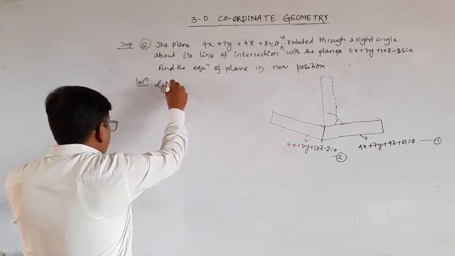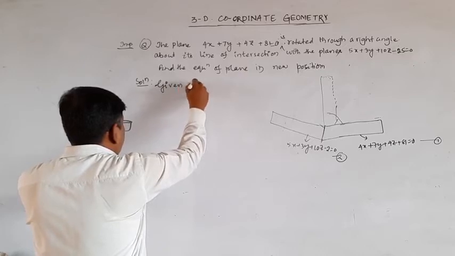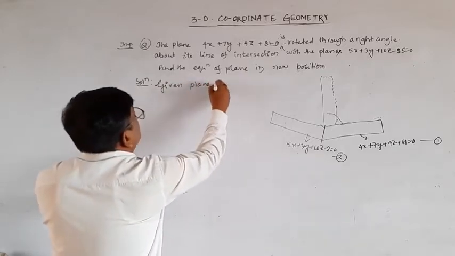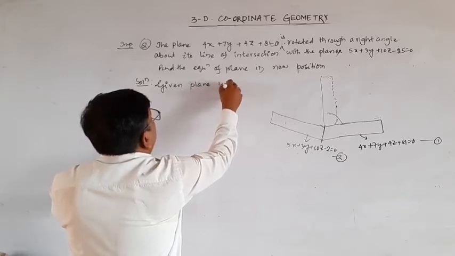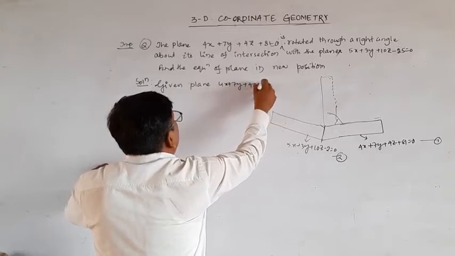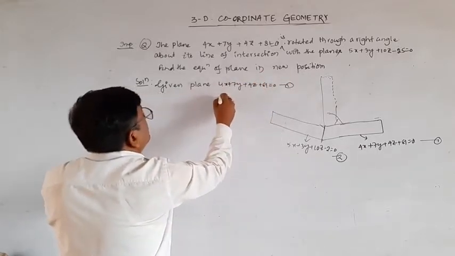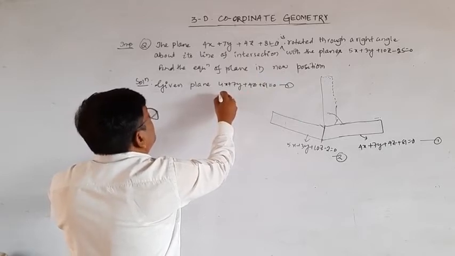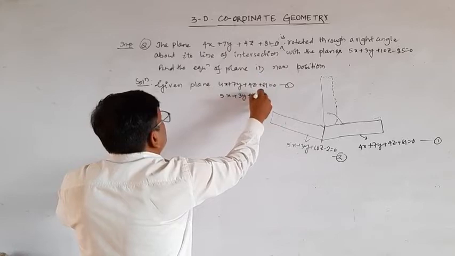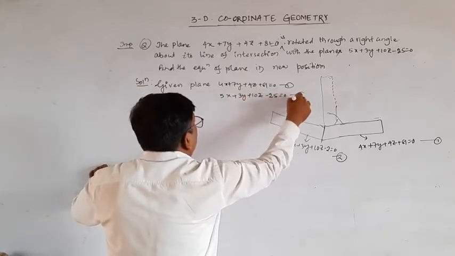Solution. Given planes: equation 1 is 4x plus 7y plus 4z plus 81 is equal to 0, and the line of intersection is with 5x plus 3y plus 10z minus 25 is equal to 0, equation 2.